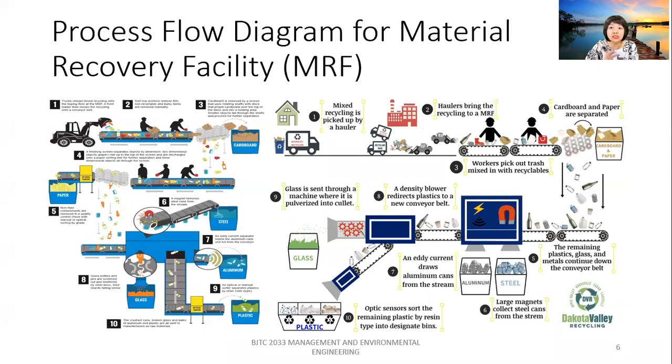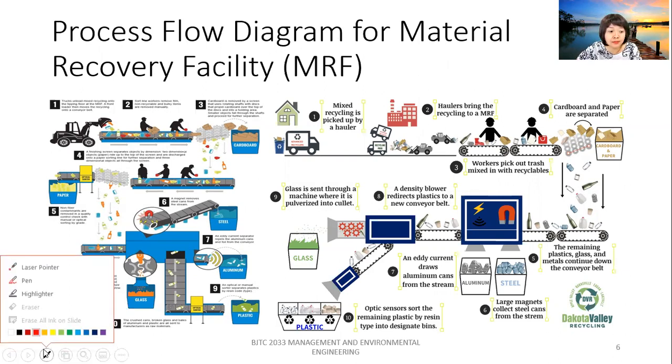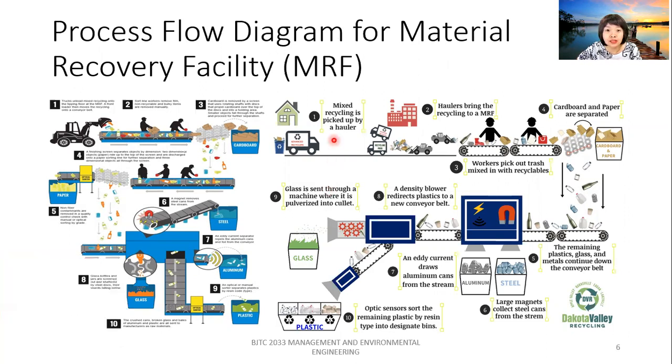And then this is the process flow chart diagram for the material recovery facility, MRF. Okay, so from here you can see, when we talk about MRF, from the first step, the mixed recycling is picked up by the hauler. So it is picked up from your house and brought to the MRF.